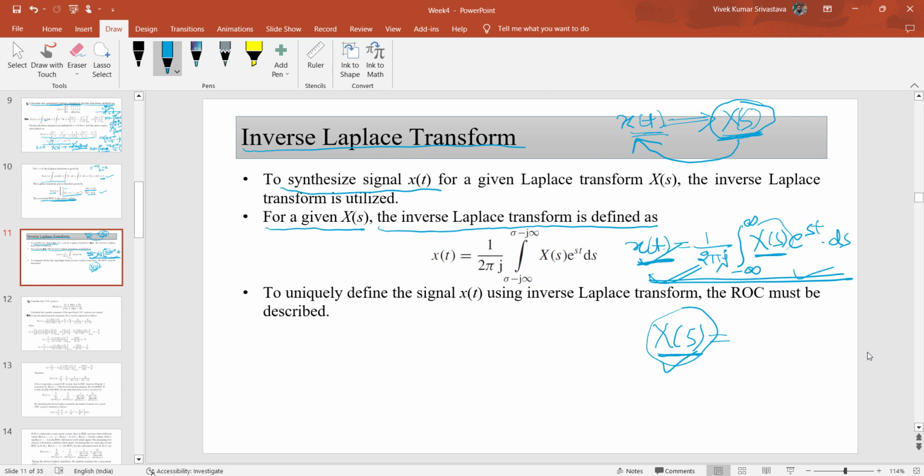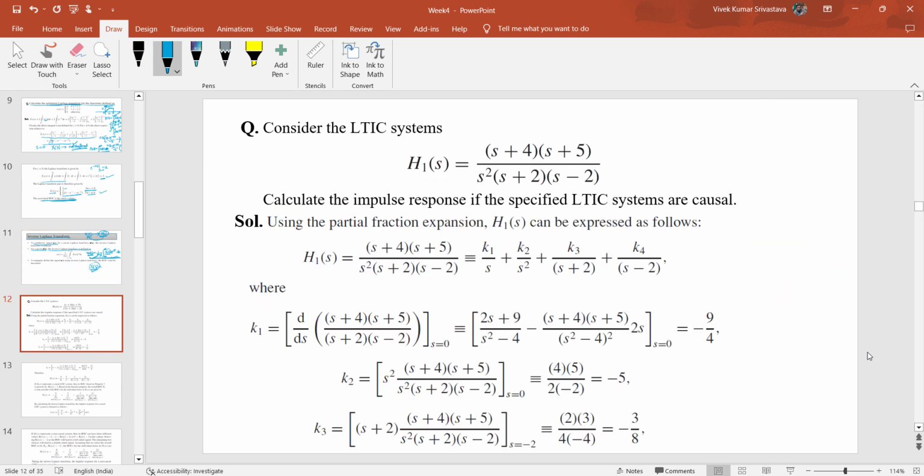So let us take an example. Here a linear time invariant continuous system is given to us, that is H1(s) equals (s plus 4)(s plus 5) divided by s squared (s plus 2)(s minus 2).